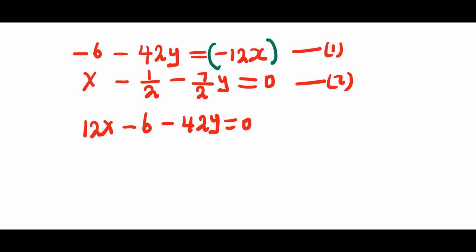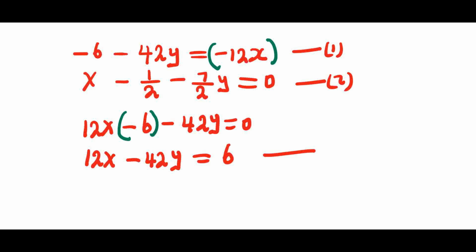And we also need to add 6 to both sides, and this will become 12x minus 42y equals to 6. Can call this equation 3.